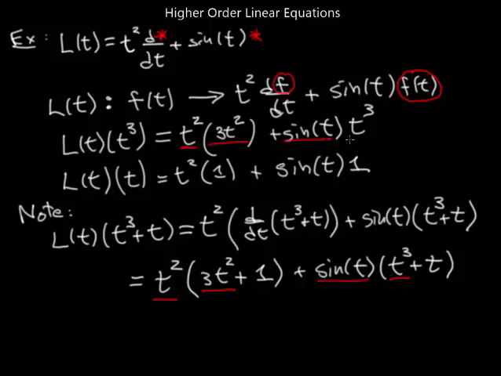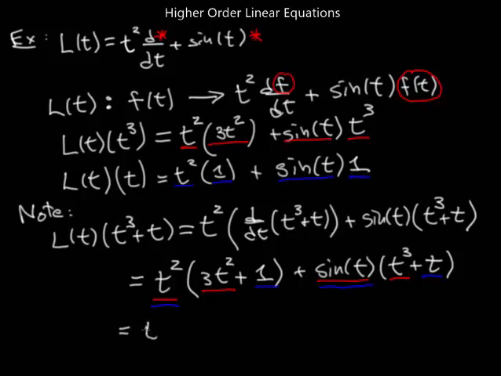And I also get sine of t times t cubed. And the other terms are, I get t squared times 1. And I also get sine of t times t. As I said, this 1 here should have been a t. So it's all the same terms, just in a different order.